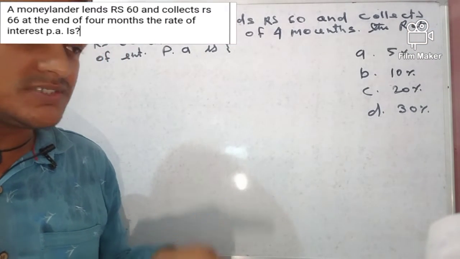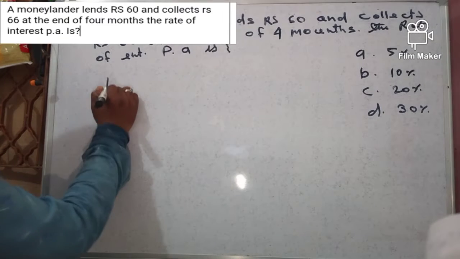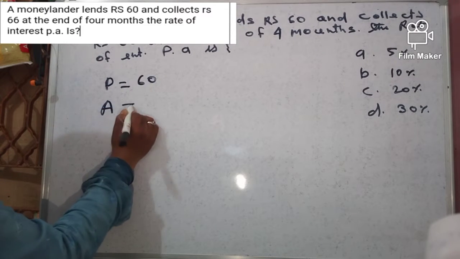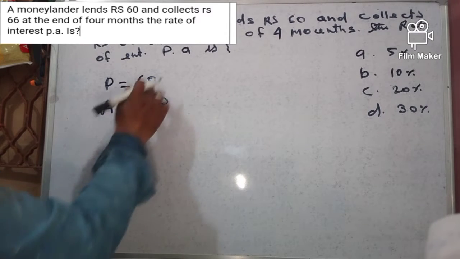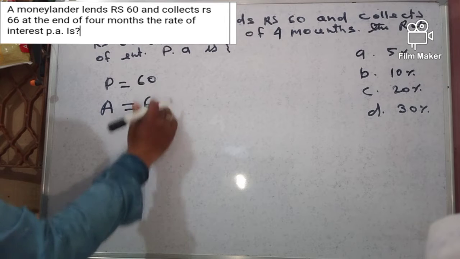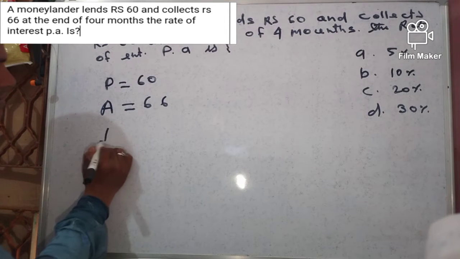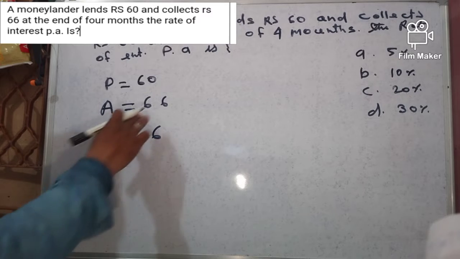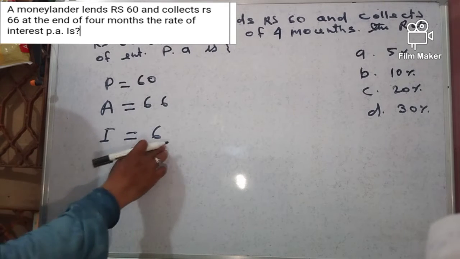Principal given is 60 and amount is 66. So simple interest will be 6, because 66 minus 60 is 6.